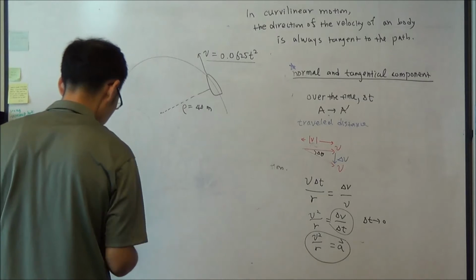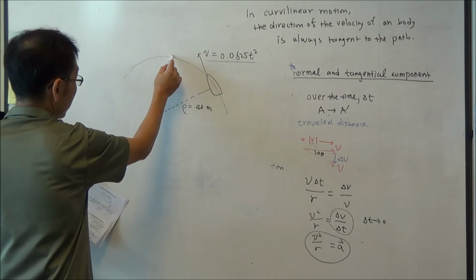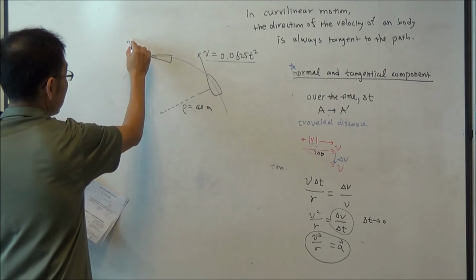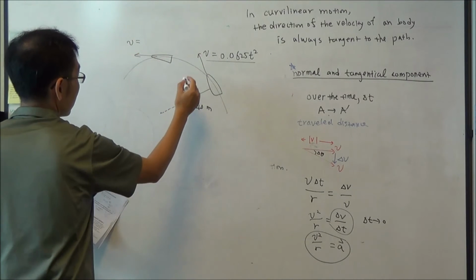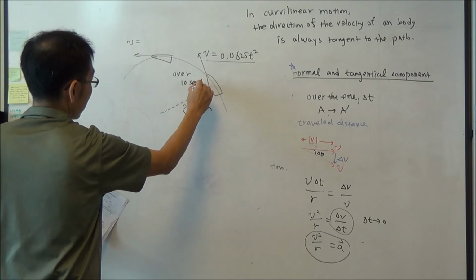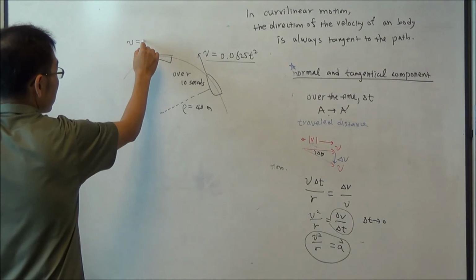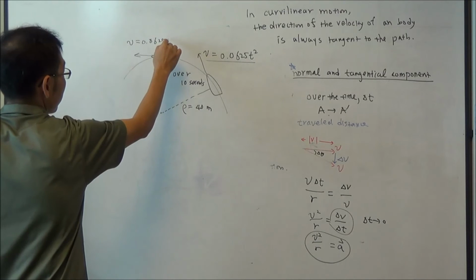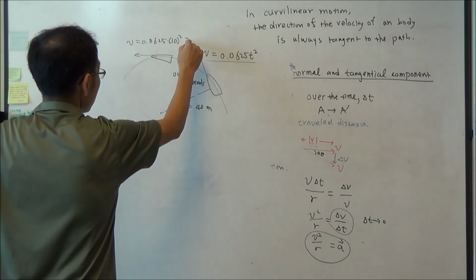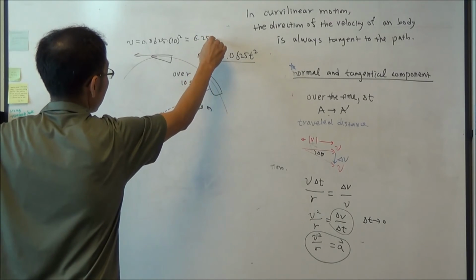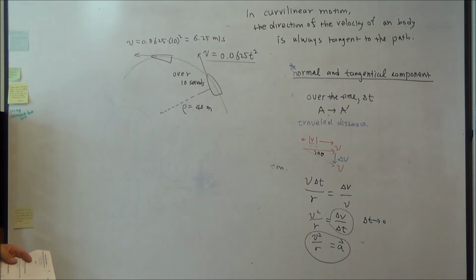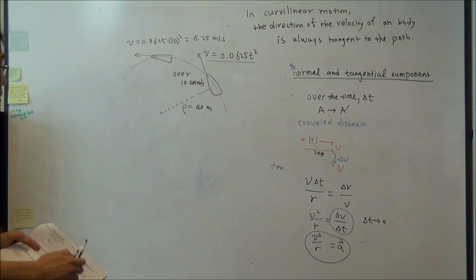So after 10 seconds the boat may be here. V is 0.0625 times 10 squared, so this should be 6.25 meters per second. Okay, so it's very easy.